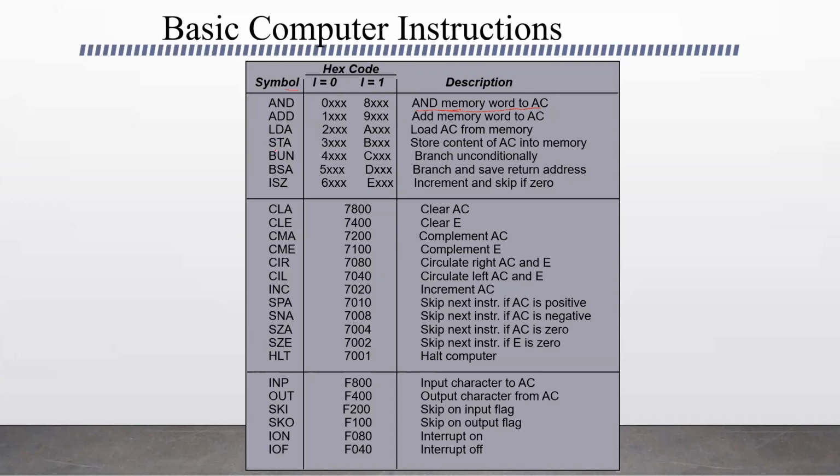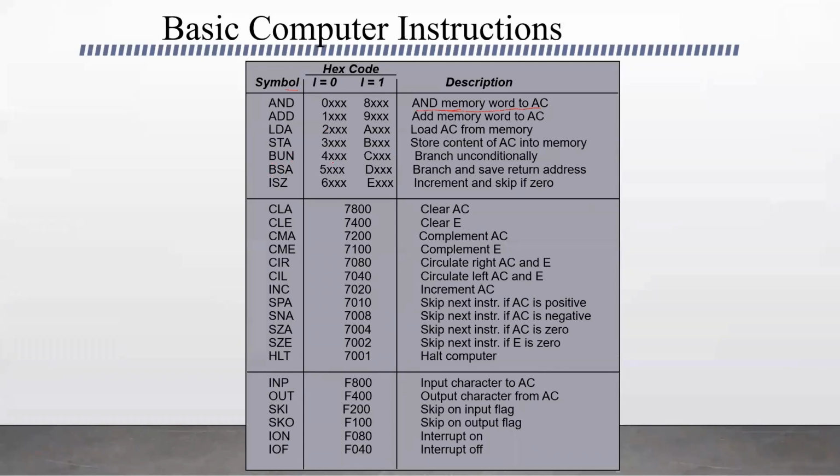And STA, store accumulator. This instruction stores the content of the accumulator into memory. The data in the accumulator gets stored into the memory. And BUN is branch unconditionally. For branching unconditionally, the instruction given is BUN.